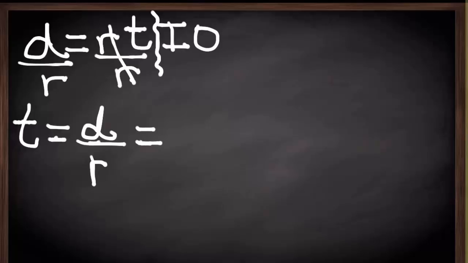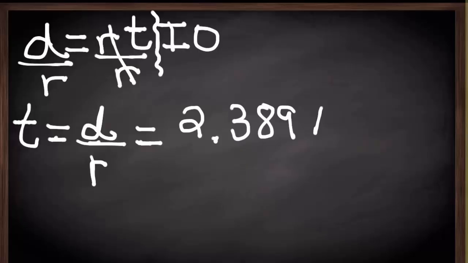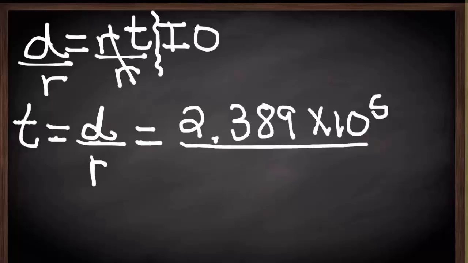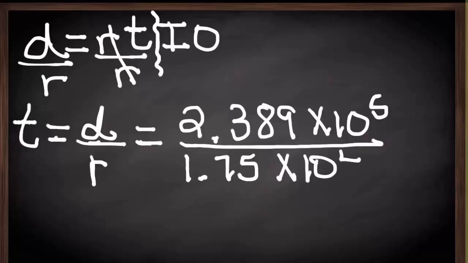So the distance in scientific notation was 2.389 times 10 to the 5th power divided by the rate, which was 1 and 75 hundredths times 10 to the 4th power.